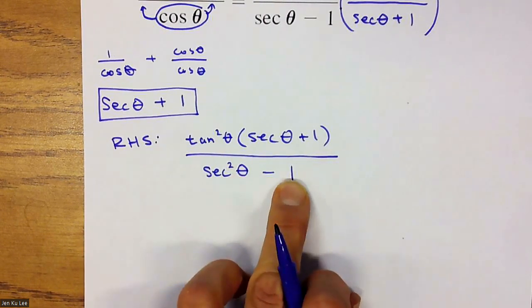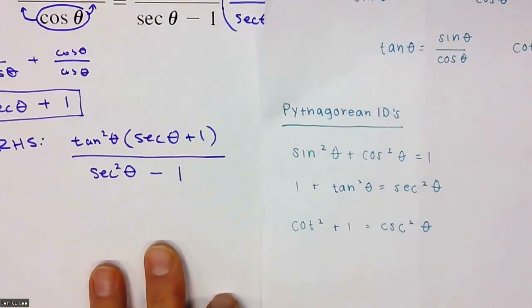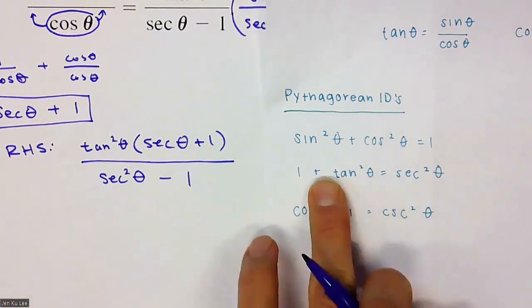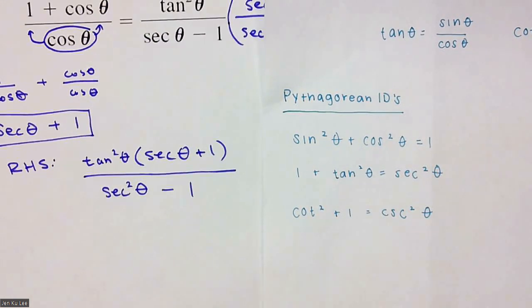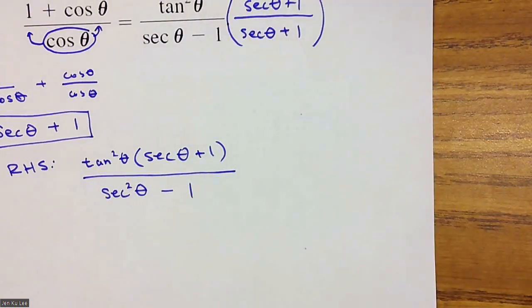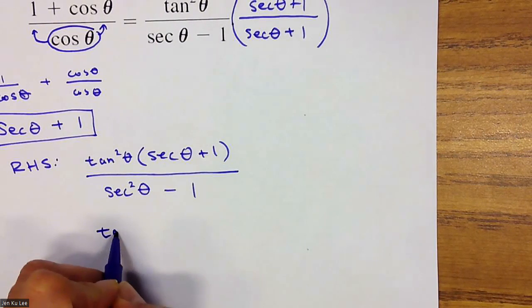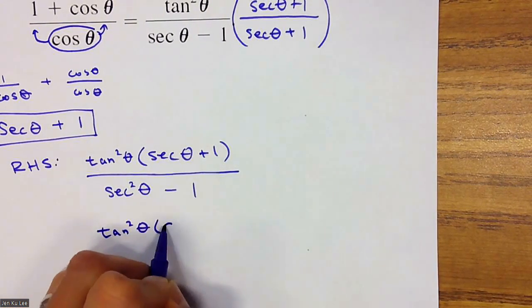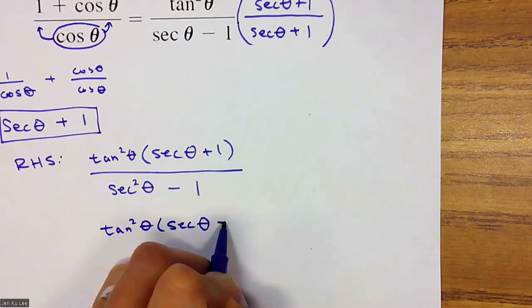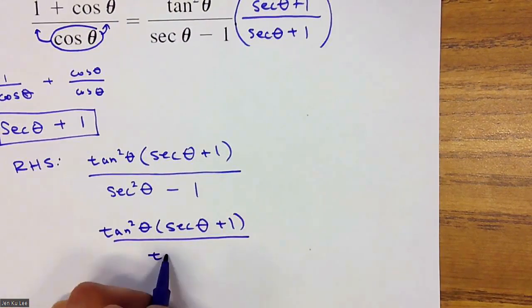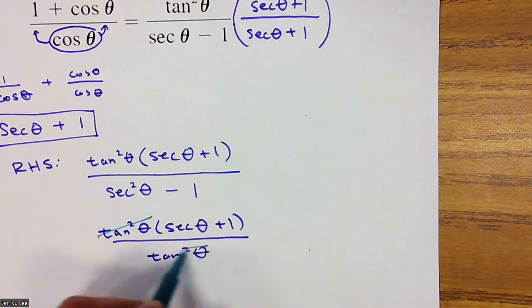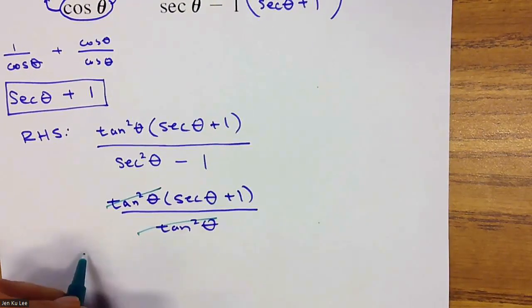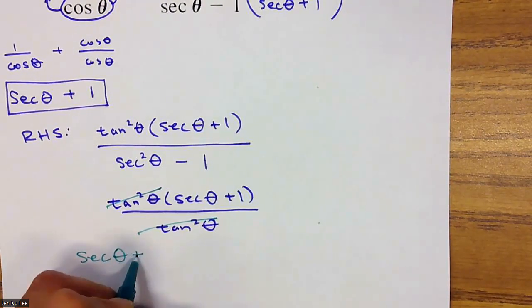Now, secant squared theta minus 1, it's one of those Pythagorean identities that I'm going to use. I'm going to subtract 1 from both sides to get secant squared theta minus 1 equals tangent squared theta, right? Okay? So, tangent squared theta times secant theta plus 1 over tangent squared theta. Cancel, cancel. And we're just left with secant theta plus 1.